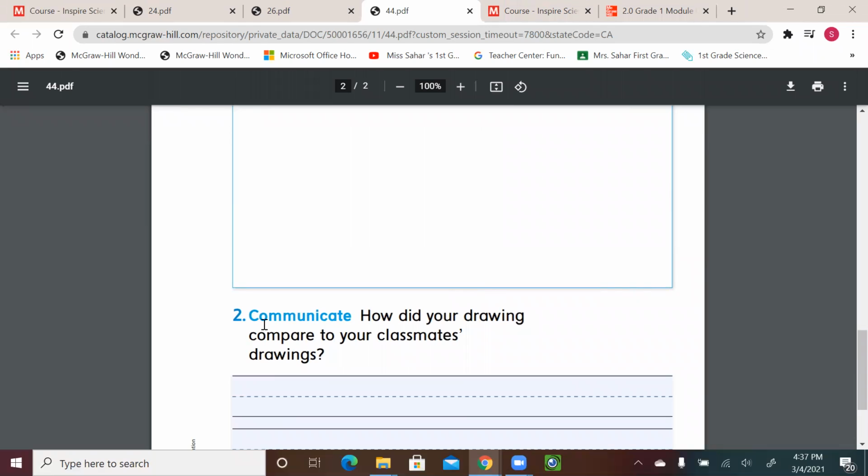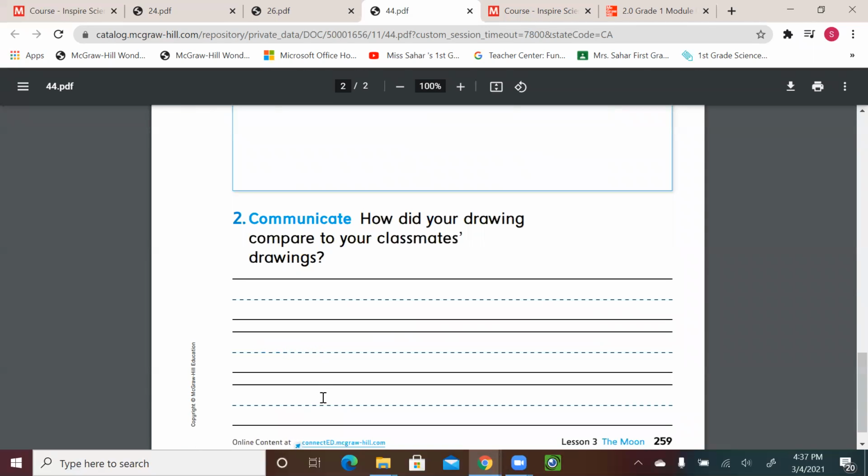All right, let's go to number 2. How did your drawing compare to your classmates' drawings? We don't have our friends and classmates today, but you can compare with yourself a couple of times, like this week and after 2 or 3 weeks.